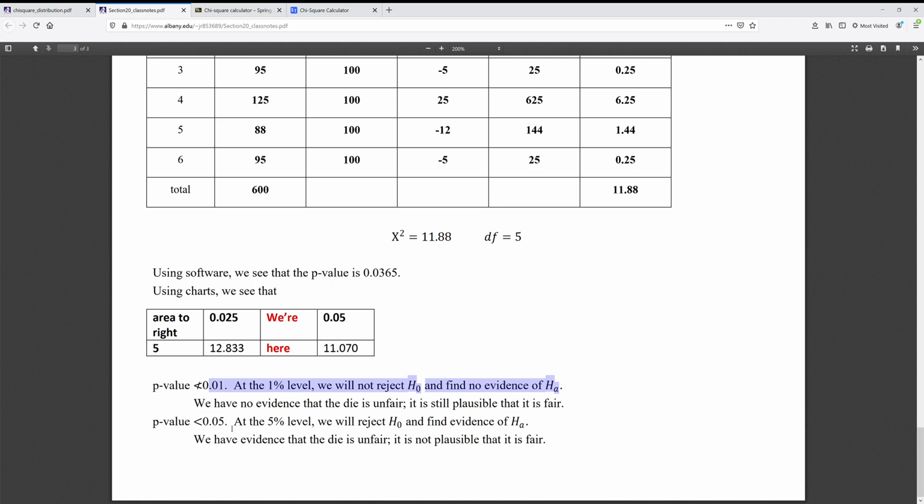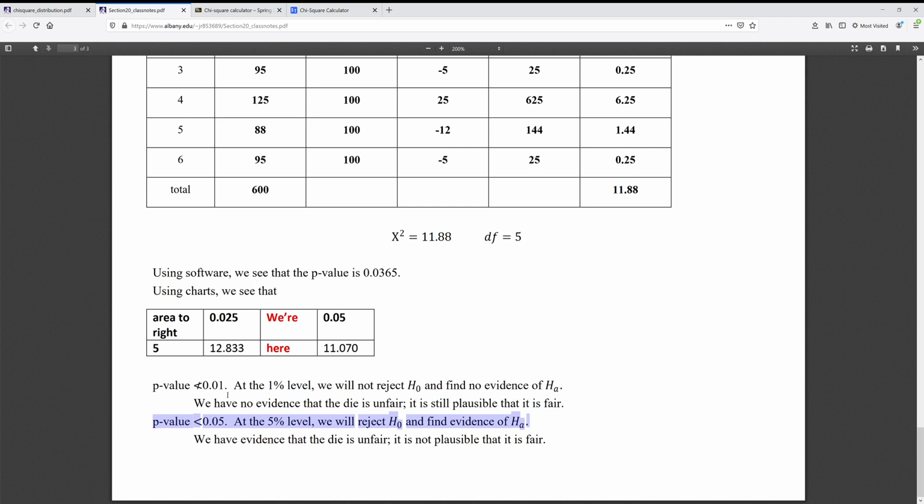On the other hand, if your sample has to be among the 5% most out of alignment with what you would expect a fair die to do, then we are there. Our p-value is less than 0.05 explicitly, so we will reject H0 and we will find evidence of HA. Just a slightly different standard.